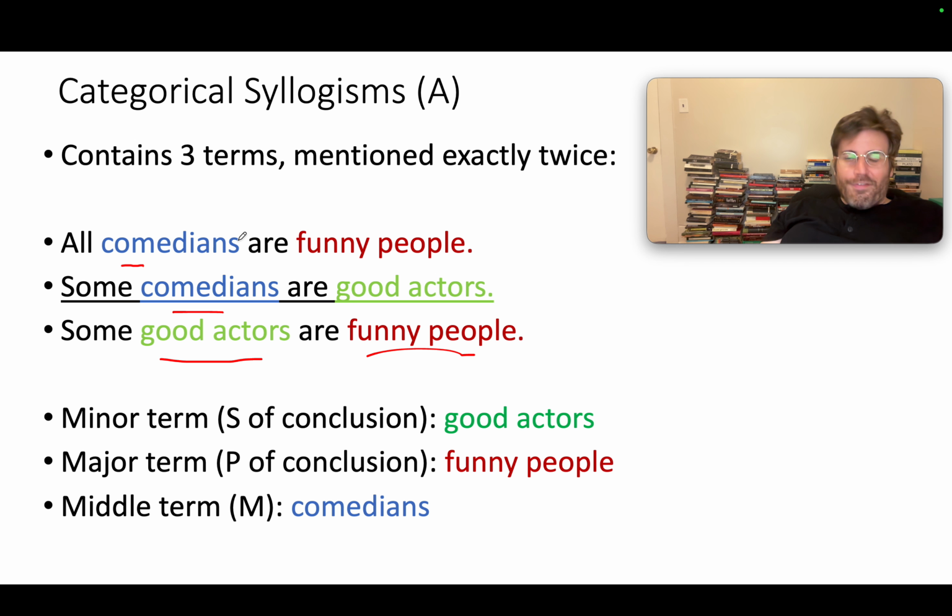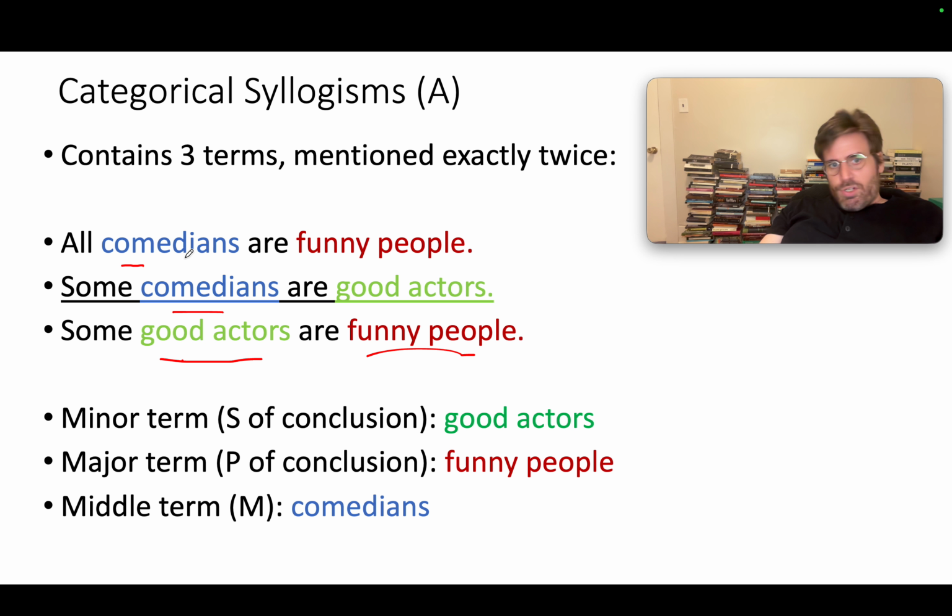But what defines it as the middle term is that it appears nowhere in the conclusion. Okay, so that's really how you're going to be able to pick up the middle term. It just does not appear at all in any class position of the conclusion. So we've got minor term, subject of the conclusion; major term, predicate of the conclusion; and middle term, the repeating term that does not appear anywhere in the conclusion.